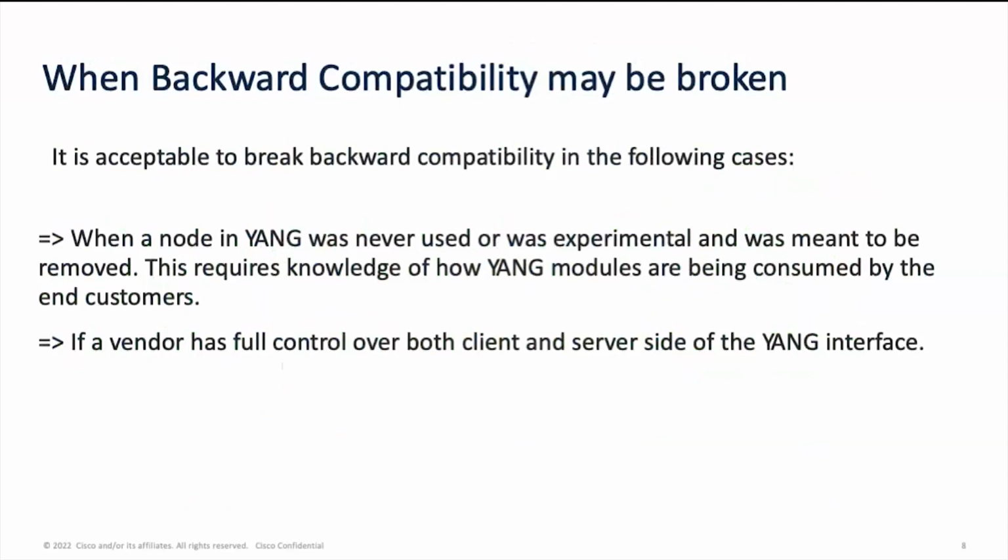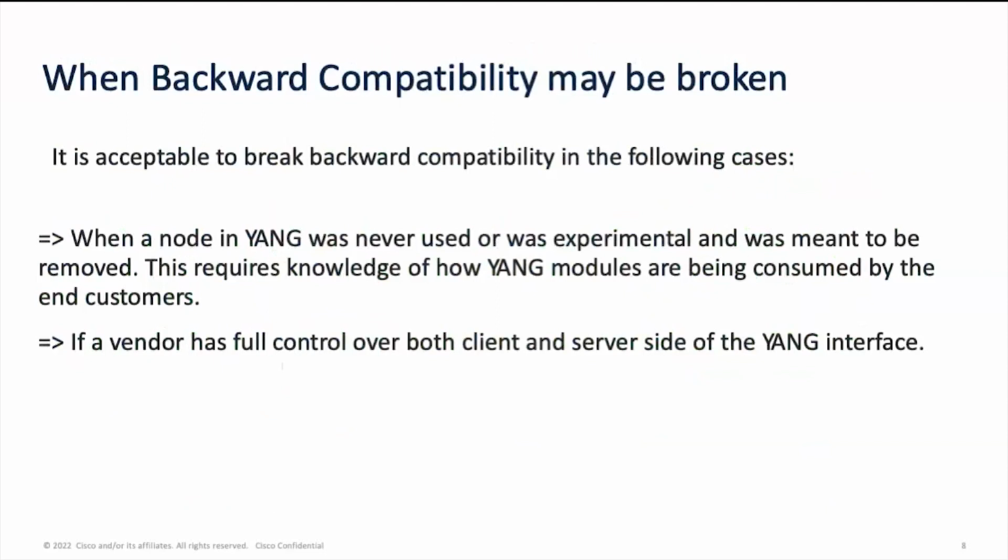The second case is if a vendor has full control over both client and server side of the Yang interface. Obviously, this is not leveraging the strength of Yang being a standard, because the vendor can do whatever works for their service orchestrator or their manager and their devices.